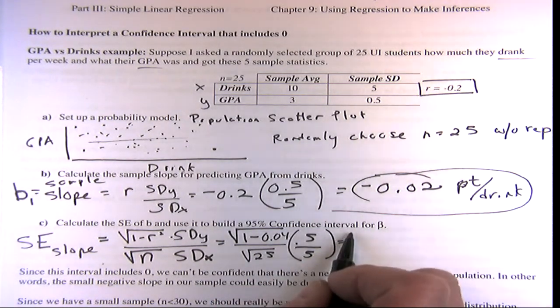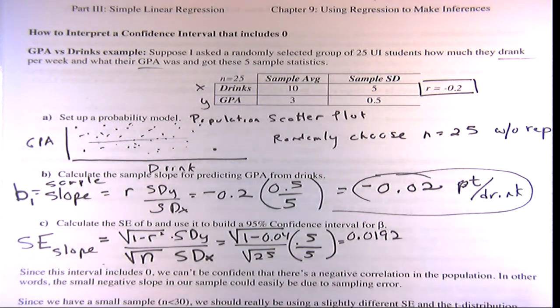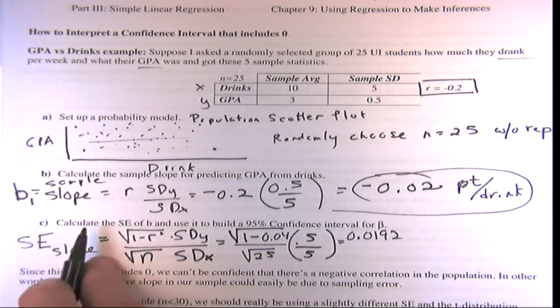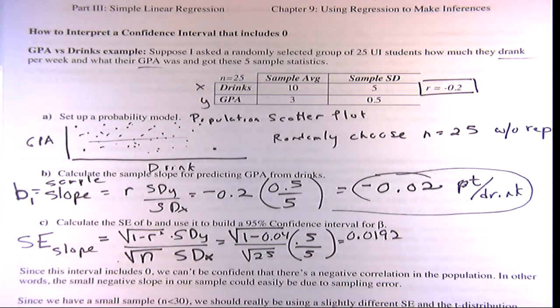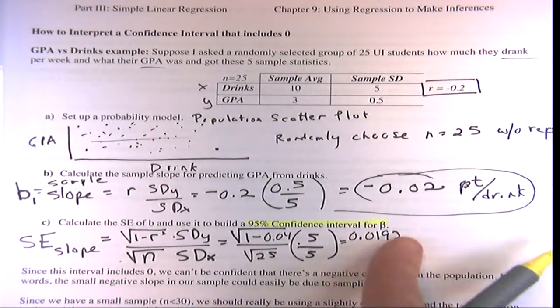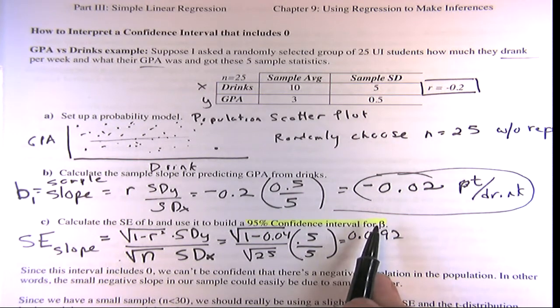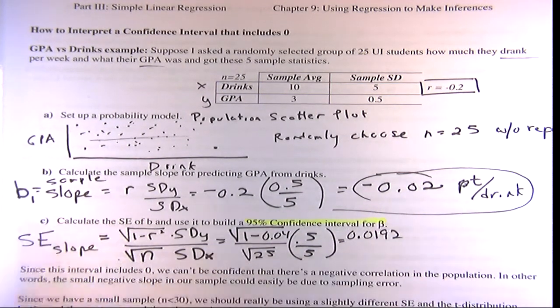And I did that, and I got 0.0196. All right, and that's the standard error, and now we're supposed to calculate a 95% confidence interval for beta, which is the true population slope from our sample slope, B.